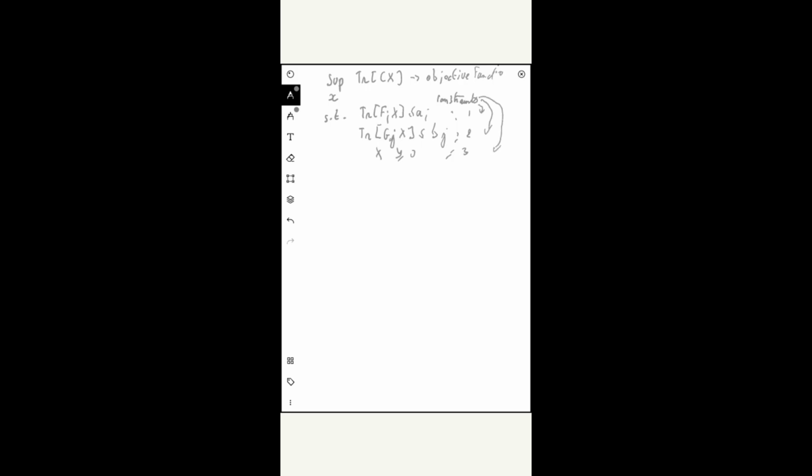And so, yeah, you can see those constraints as optimizations themselves. For example, if you take the indicator function of this, it is equal to inf over psi, which is superior to 0, of psi multiplied by ai minus trace of Fi of x. So that's the first constraint.